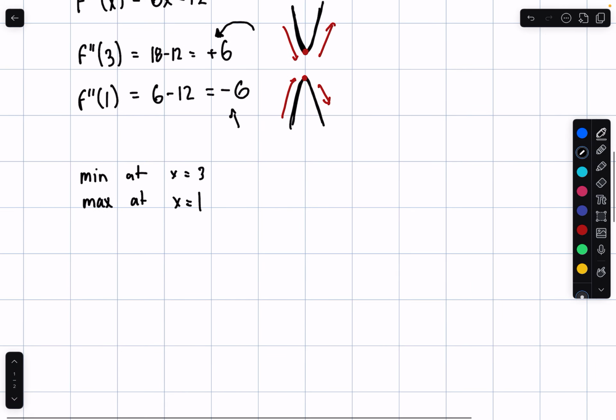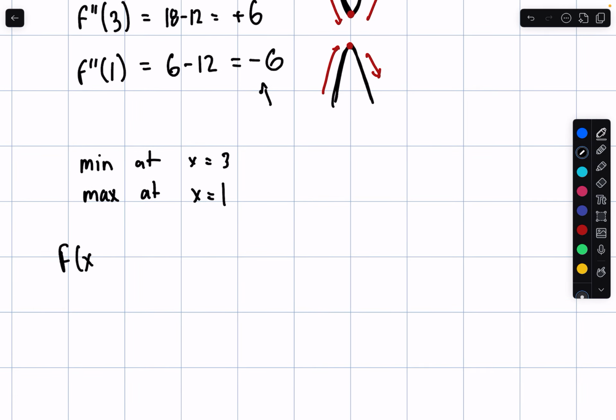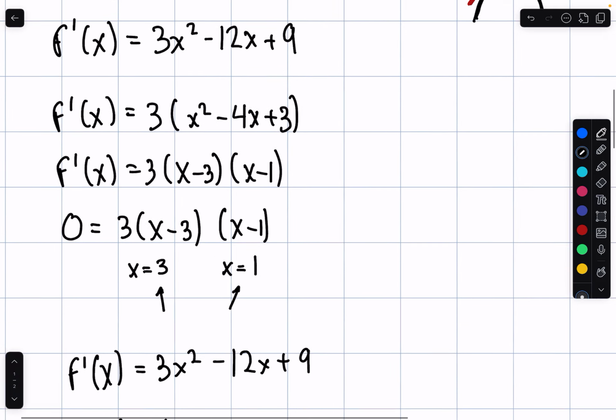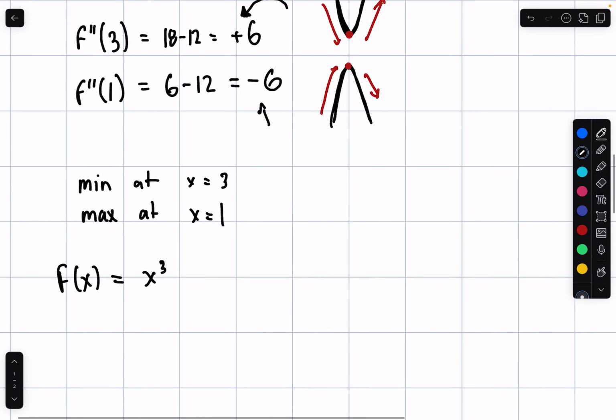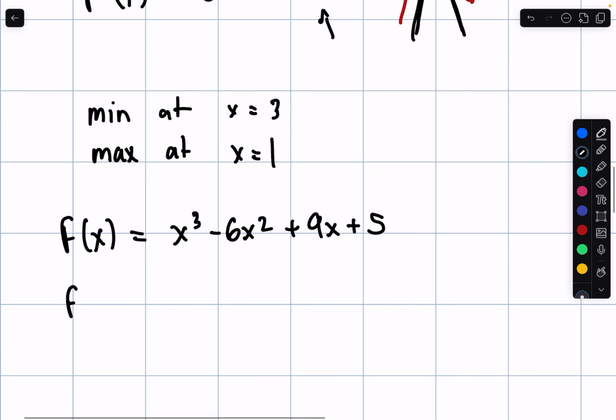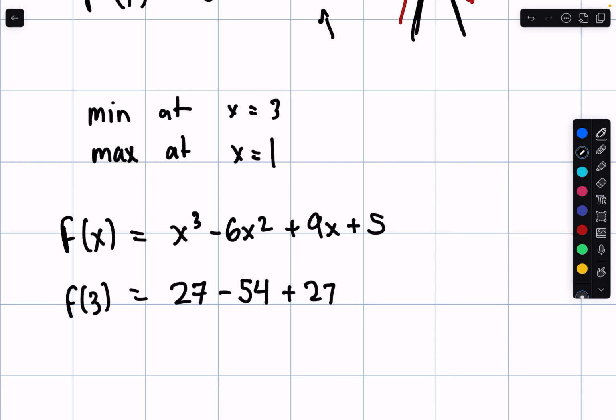So now tying this all together, we can plug this back into our original function to find out what the y values are for this. So we had x cubed minus 6x squared plus 9x plus 5. Plugging 3 into this, we get 3 cubed is 27, minus 9 times 6 is 54, plus 9 times 3 is 27, plus 5.